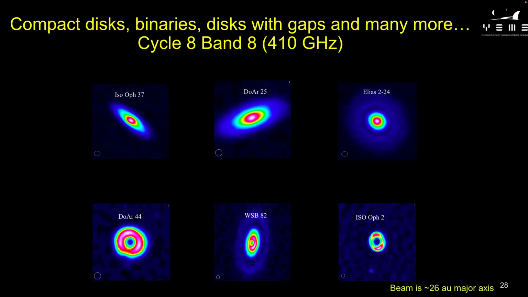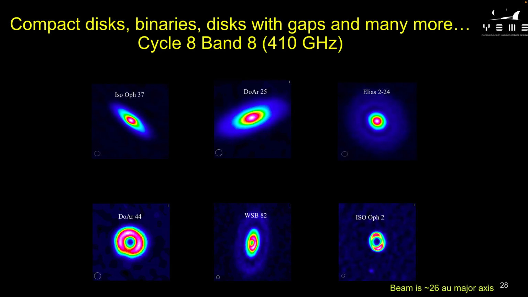What is the color? Is it temperature, or brightness and frequency? No, it's just brightness. It's the 410 gigahertz flux.